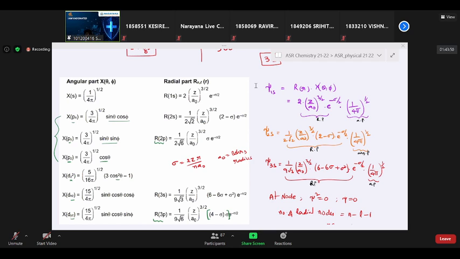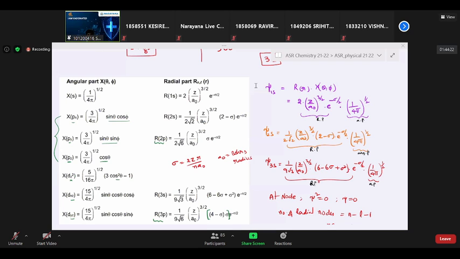We know for the 3s orbital there will be two radial nodes, between 1s and 2s and between 2s and 3s. At a node, what is the condition? Psi square is 0, so psi will be 0, meaning the entire expression must be equated to 0. So 1 by 9 root 3 into (Z by a naught) whole power 3 by 2 will not be 0 because those are constants. E power minus sigma by 2 is never 0. 1 by 4 pi power 1 by 2 is never 0.